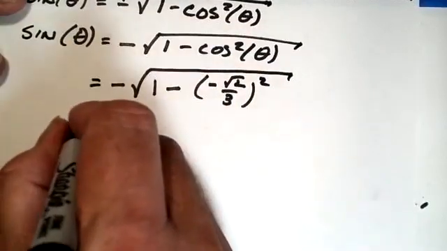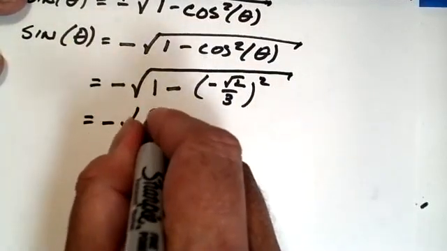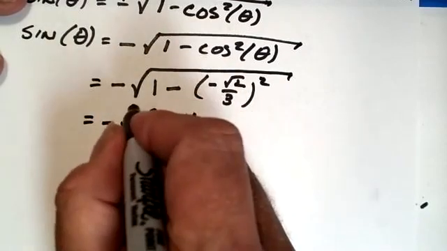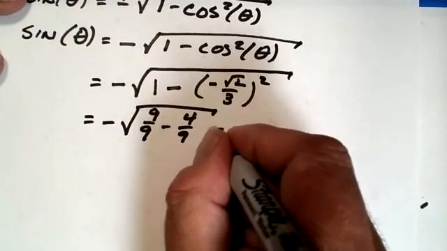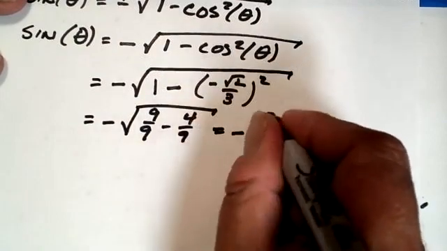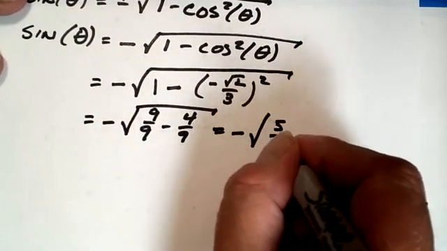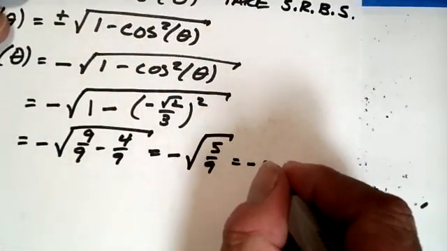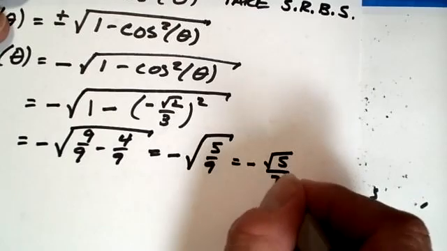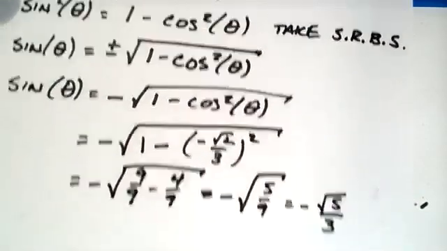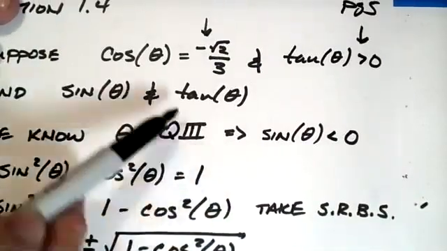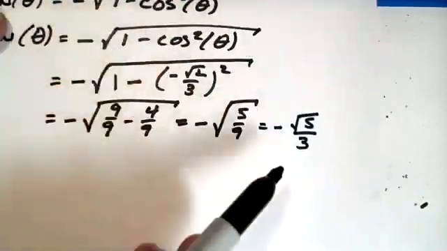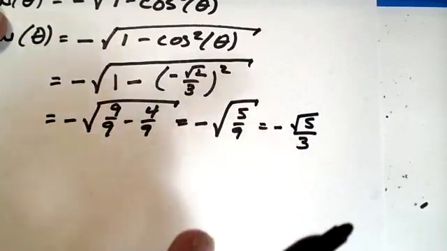This is 9 over 9 minus 4 over 9, which equals the negative square root of 5 over 9, which equals the negative square root of 5 over 3, right? So we had negative square root of 2 over 3. We also have negative square root of 5 over 3.